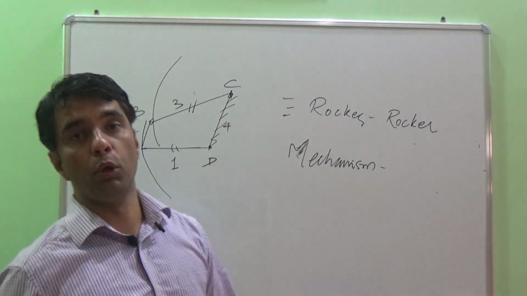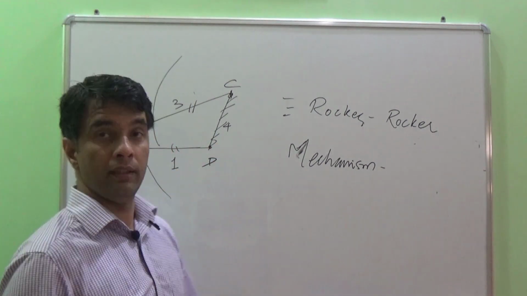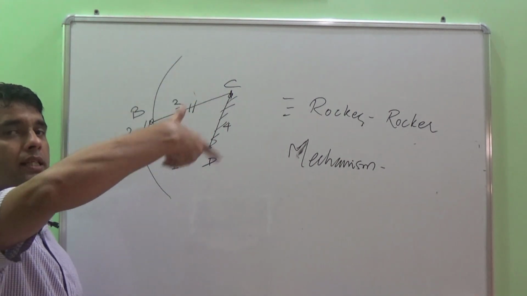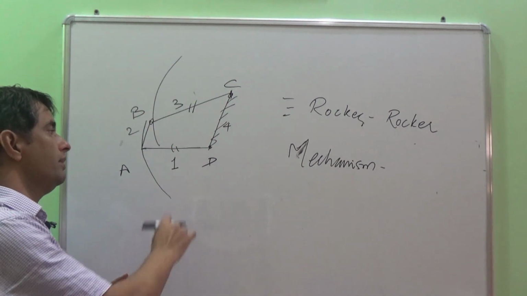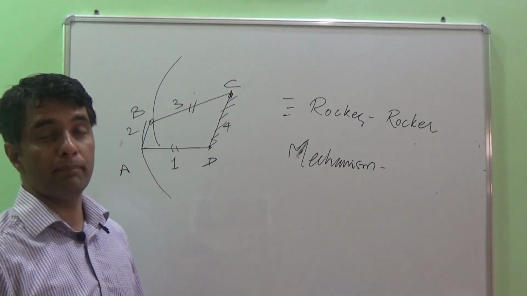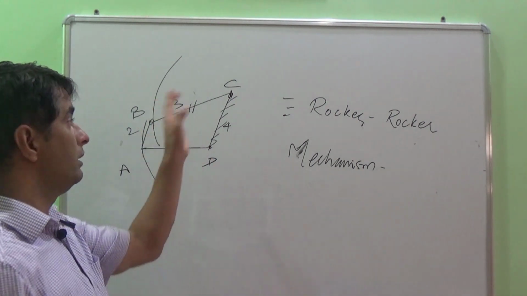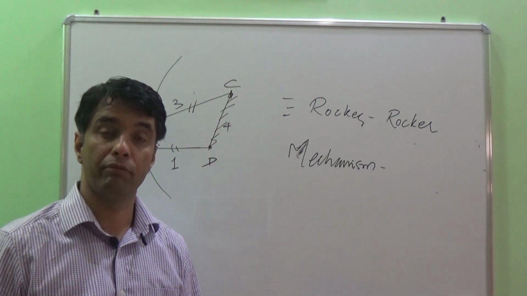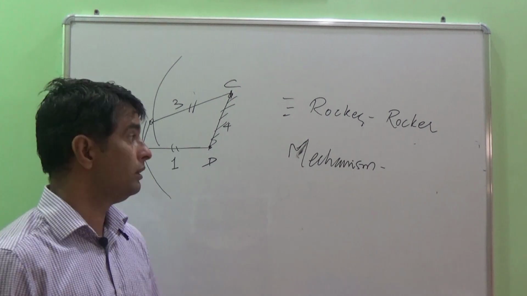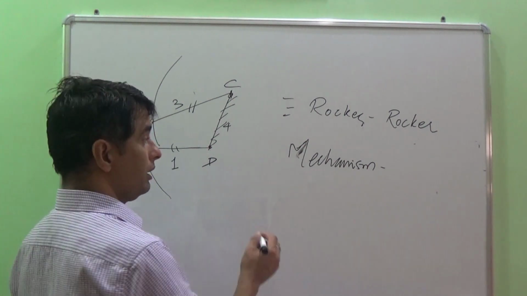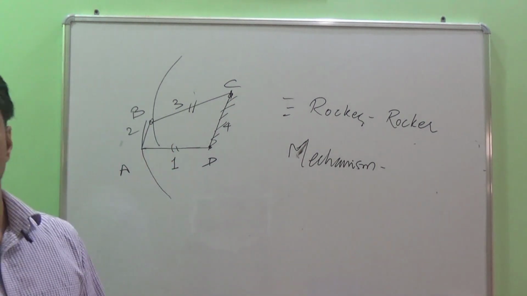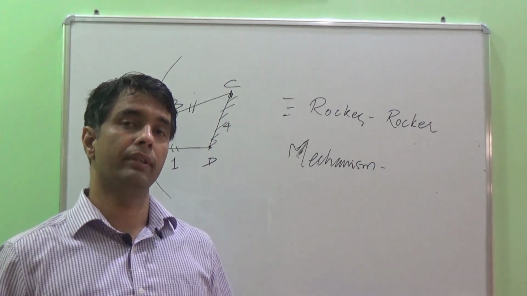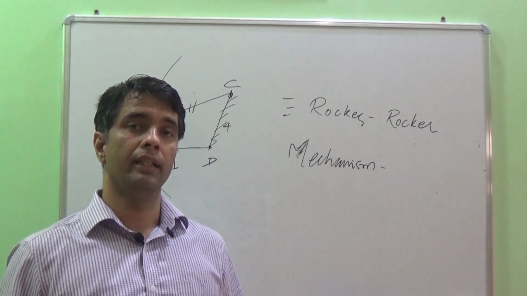But by fixing link 4 no link is allowed to take a complete rotation. Both links 1 and 3 perform oscillating motion, rocking about points C and D. Therefore this is called the rocker mechanism or double rocker mechanism, right? With this, these are the simple cases of different inversions. Part A is over. Thank you.